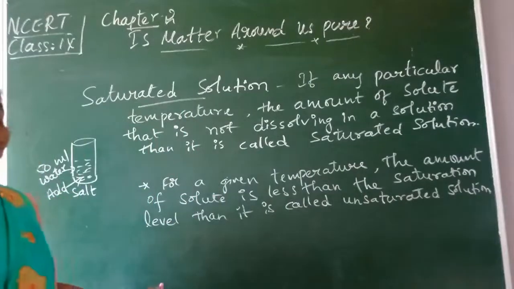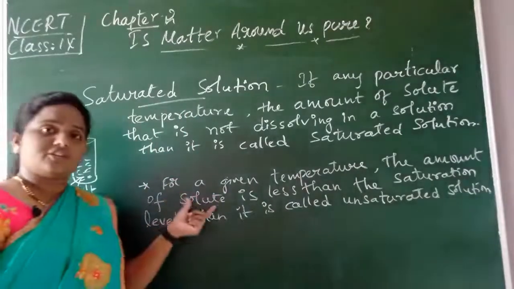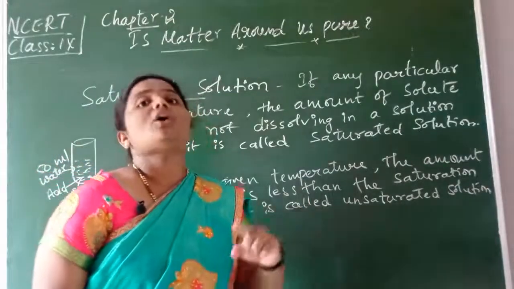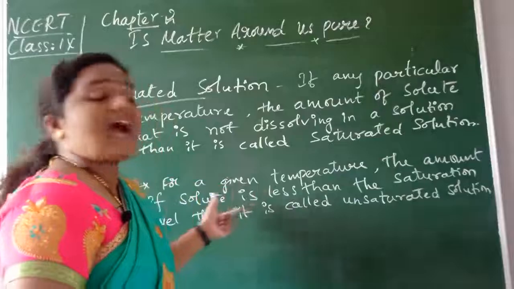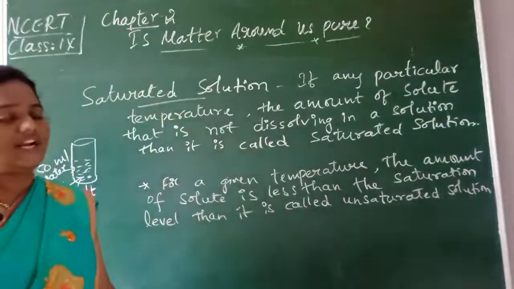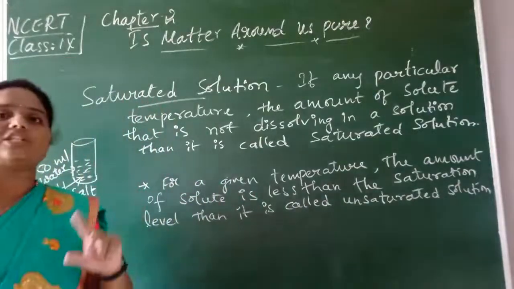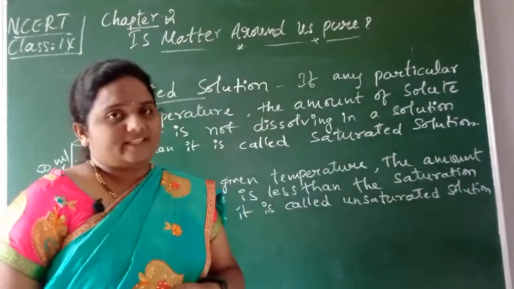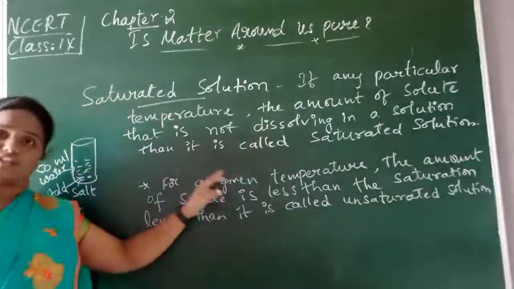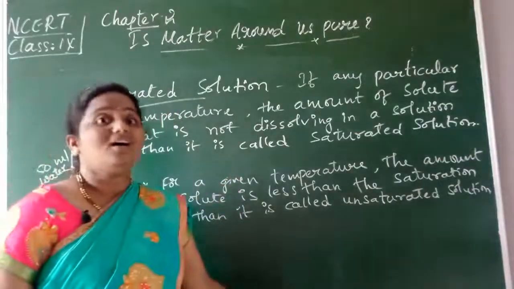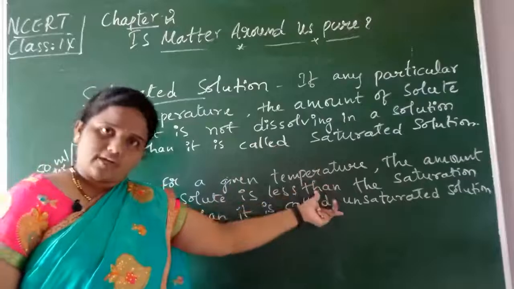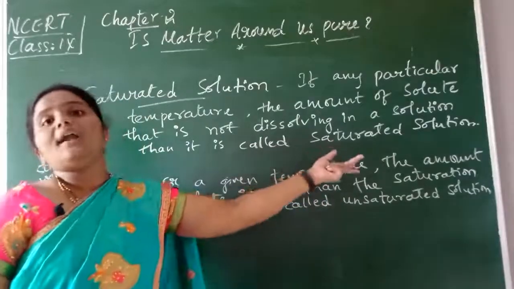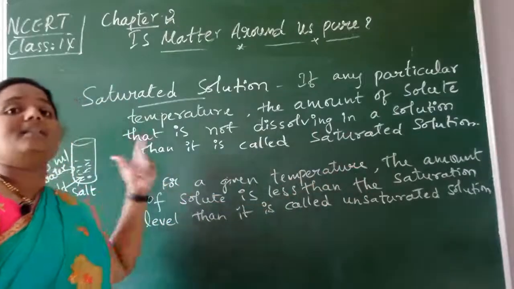Here one thing we have to be clear about, children: depending upon the amount of solute present in a solution or solvent, we have different types of solution. Generally the concentration of a solution can be expressed in three different ways. The concentration of a solution is the amount of solute divided by the amount of solvent into 100, that is, the percentage.